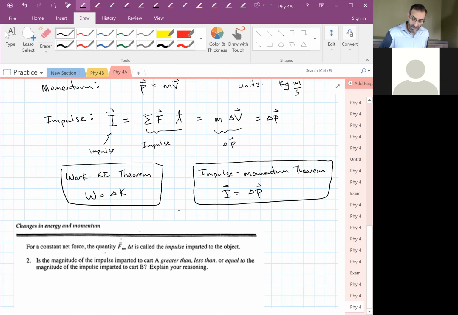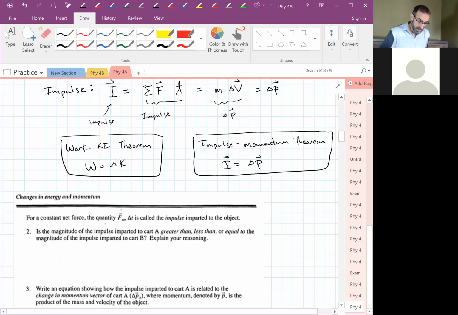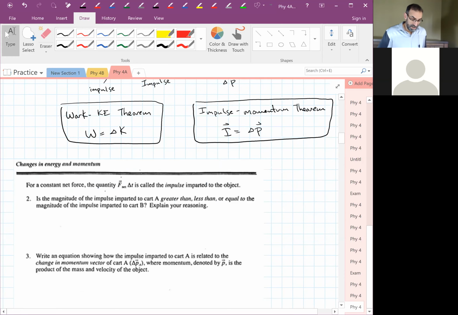Okay, let's continue with our worksheet. Is the magnitude of the impulse imparted to cart A greater than, less than, or equal to the magnitude of the impulse imparted to B?